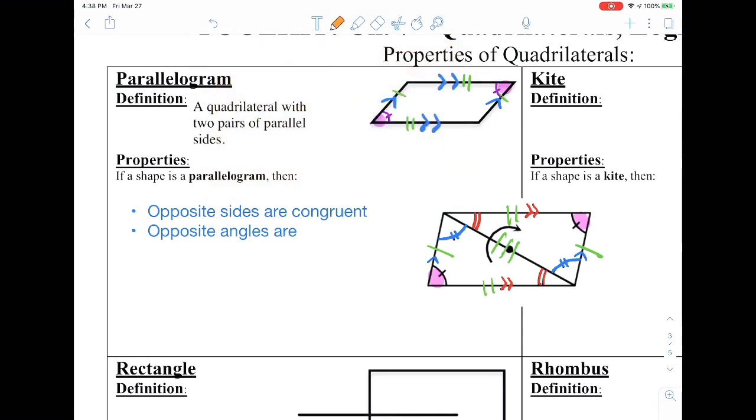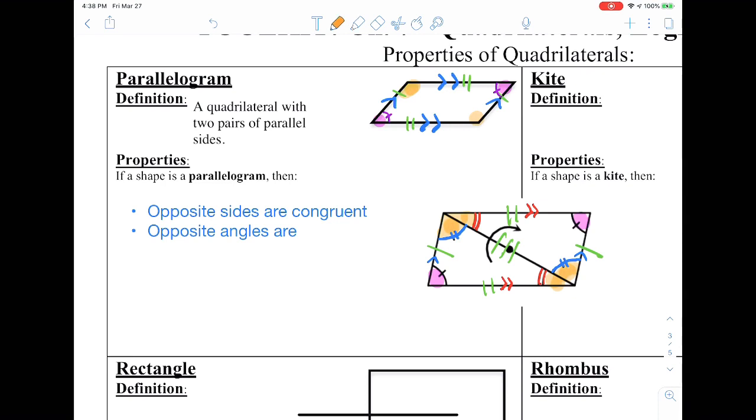Now if we look at the other pairs of angles, this is one angle representing this angle here. We can see that it is a sum of a red and a blue angle. This is also the sum of a red and a blue angle, which means this angle and this angle are also the same.